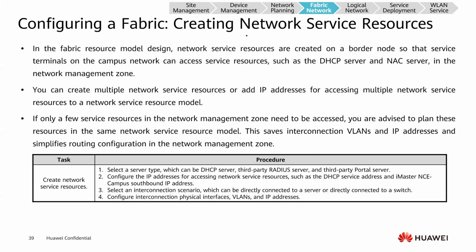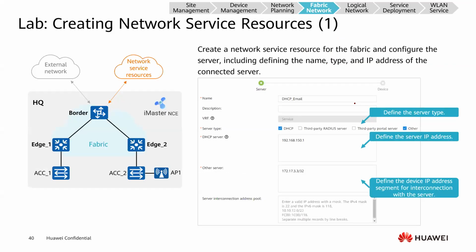And the next is to create the network service resources, for the DHCP and the next server, and also for other servers such as the email server we used in our experiment. For the network service resources, first you need to create the name of the resource group.